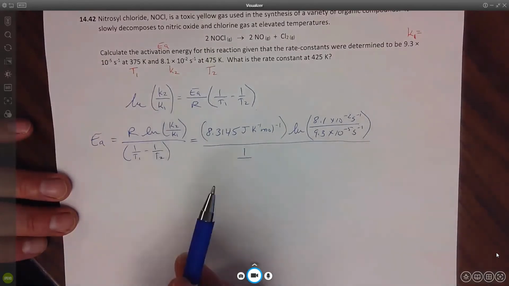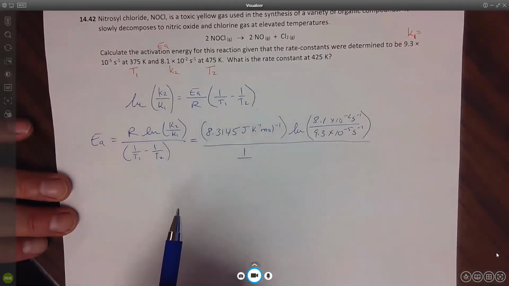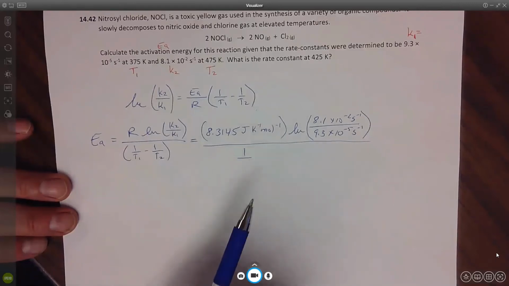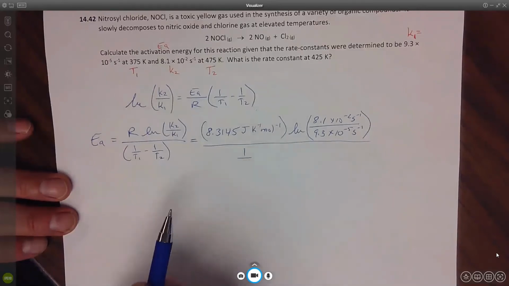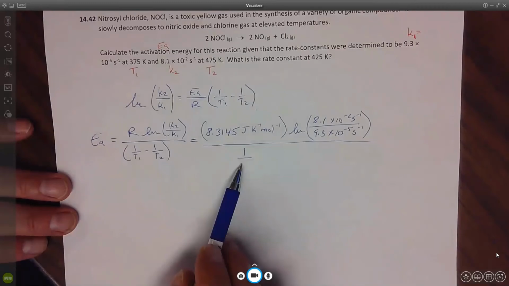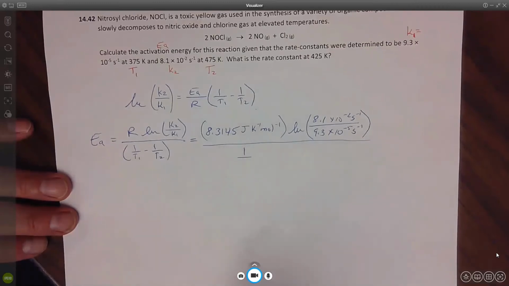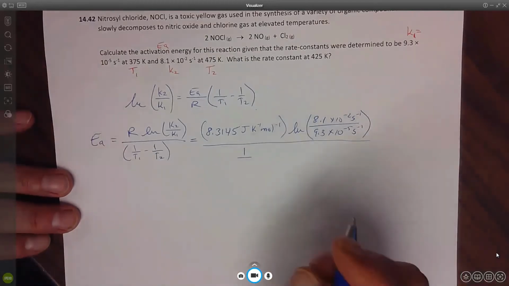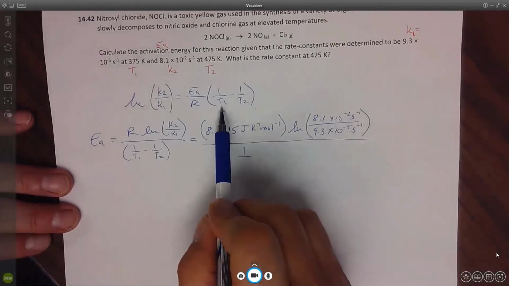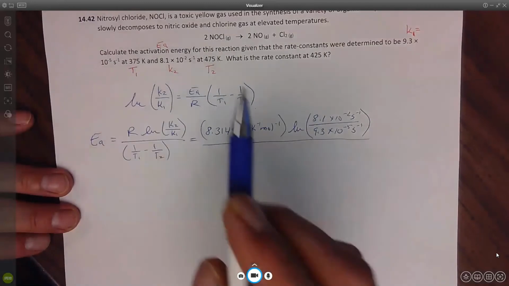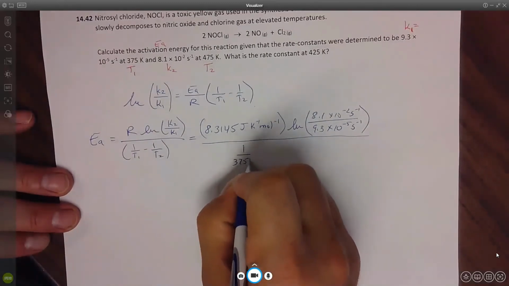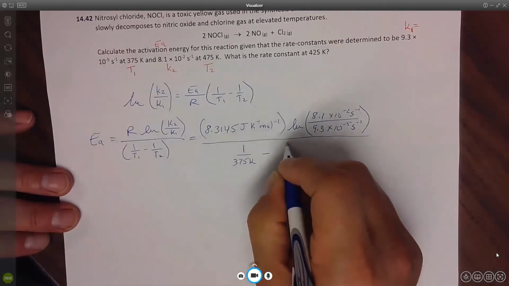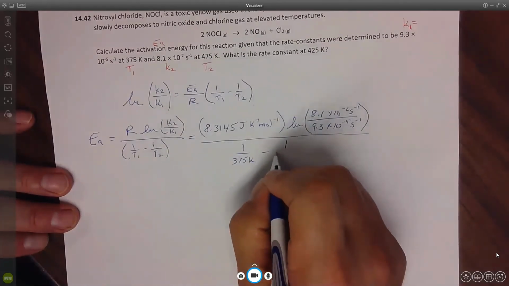Take thermodynamics, Chem 450, and you'll learn about that derivation. You'll see it's not fun. But the idea is that these have to be in Kelvin, number one, to cancel those units, and because it's derived from the ideal gas law. So T1 was 375 Kelvin, and T2 is 475 Kelvin.